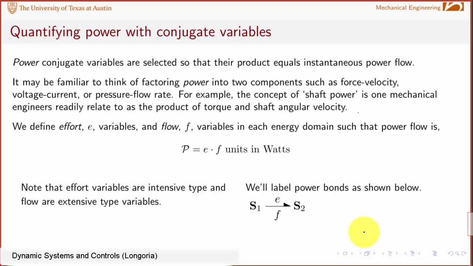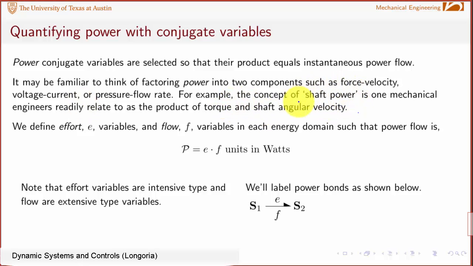Just like we quantify energy with conjugate variables, we also have power conjugate variables that we select, and their product gives us instantaneous power on, say, one of these power bonds or at a power port. And you should be familiar with the fact that we always try to factor power into two components, such as force and velocity, voltage and current. And sometimes we talk about shaft power, for example.